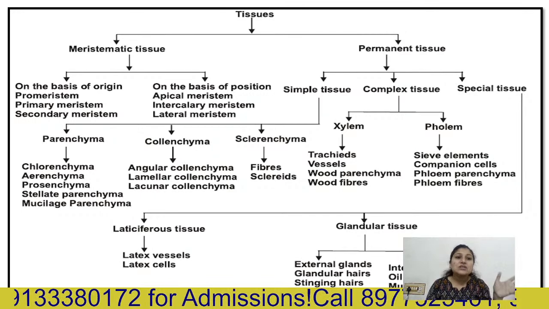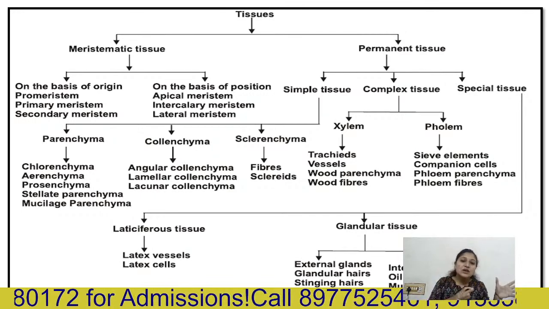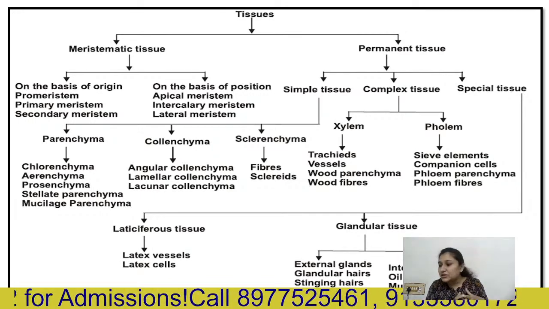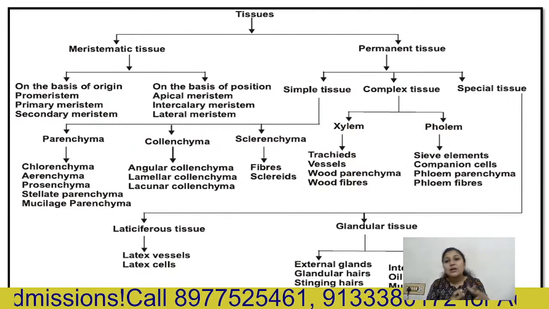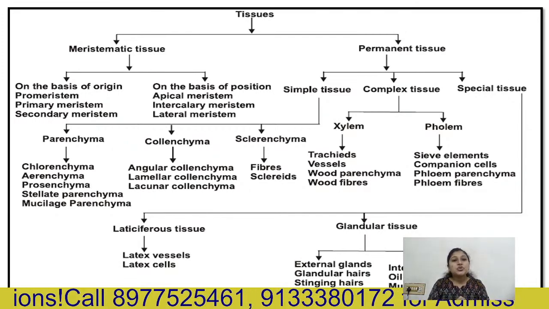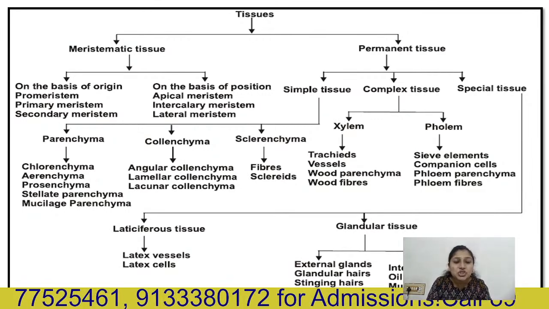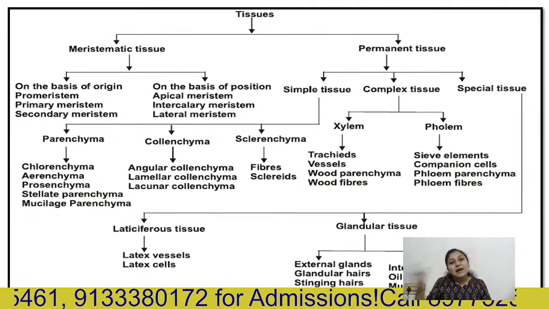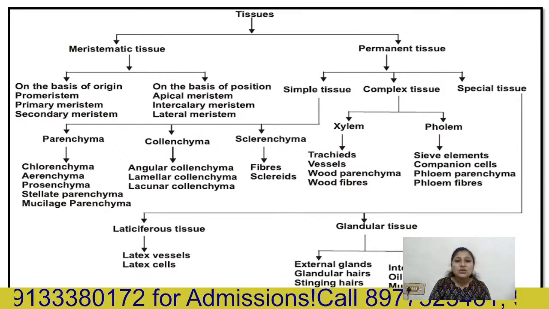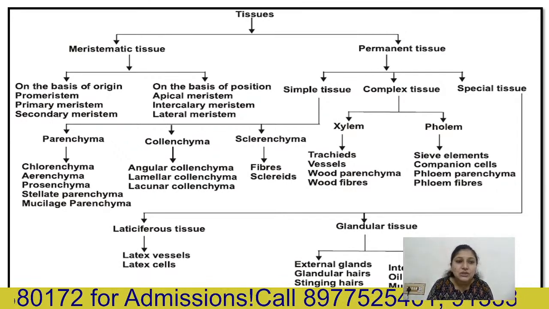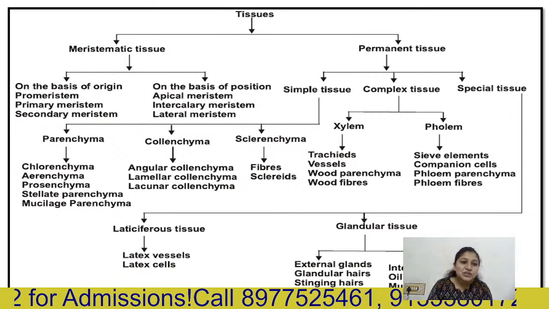The cells involved in the permanent tissue come from meristematic tissue only, but they are differentiated and have lost their capacity to divide further. So they become permanent tissue.